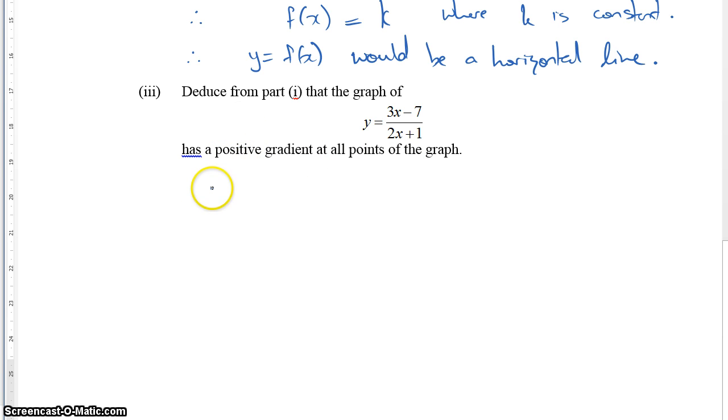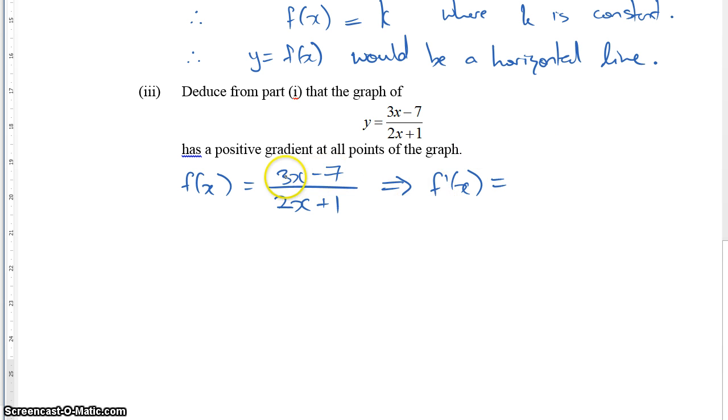So let's look at if my f of x is 3x minus 7 over 2x plus 1, that means that my f prime of x is going to be what?